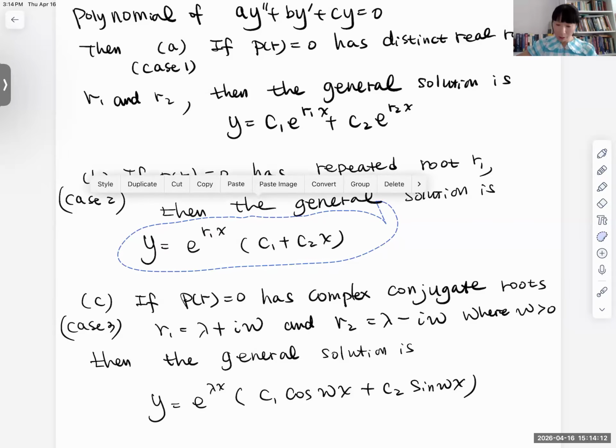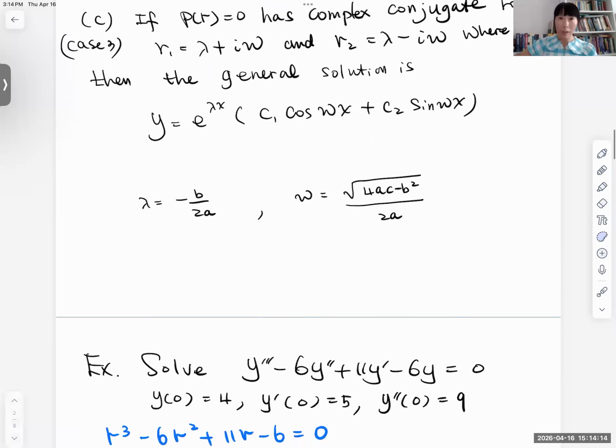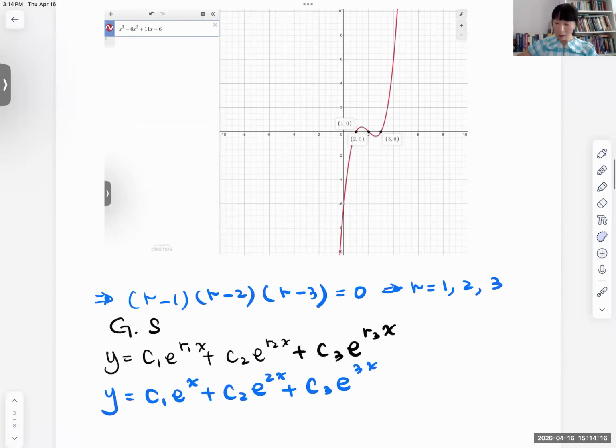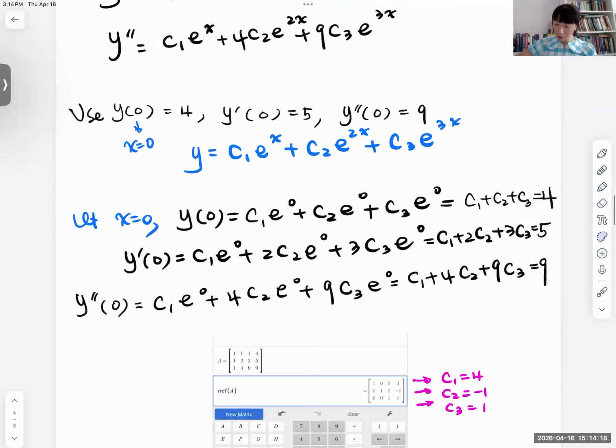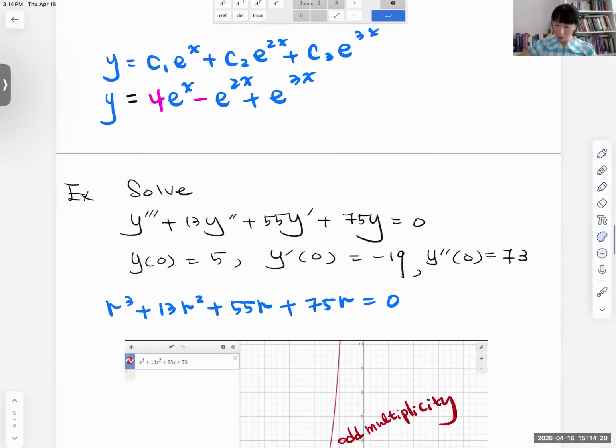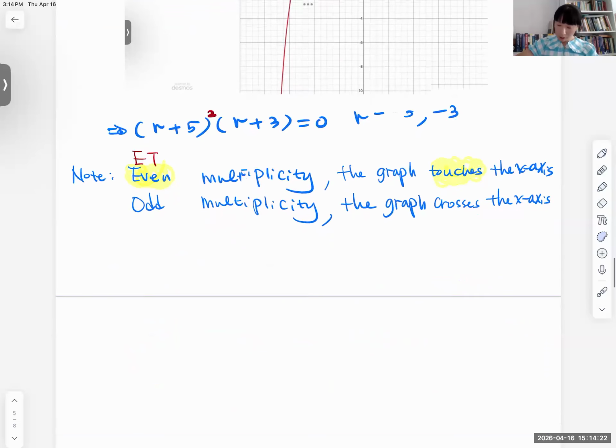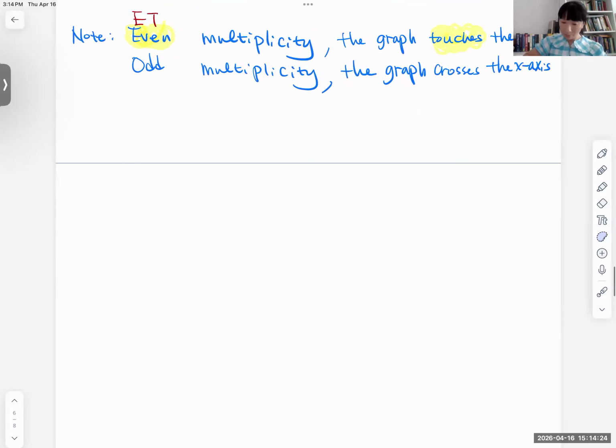So another solution, we're just using another format. Hold on one second. This is the one. Okay, so yeah, note.